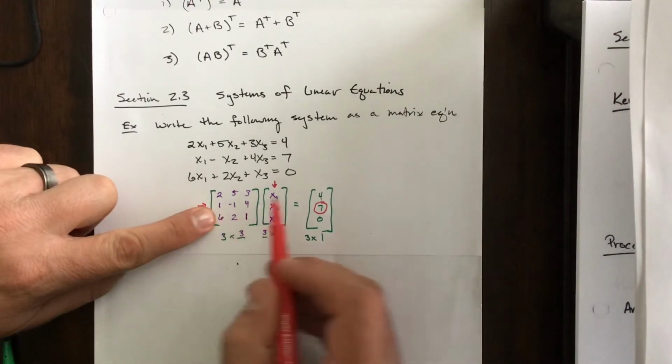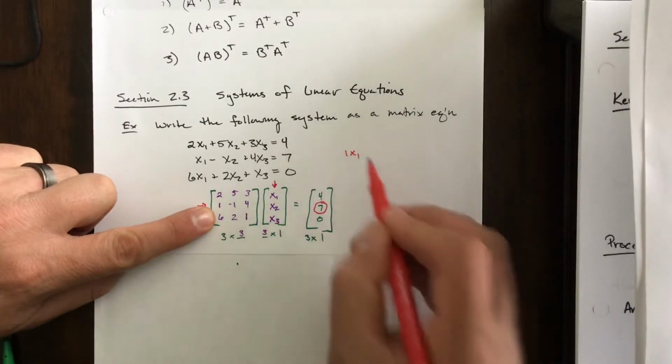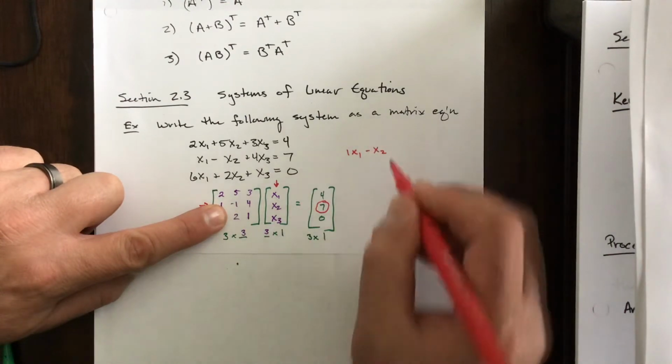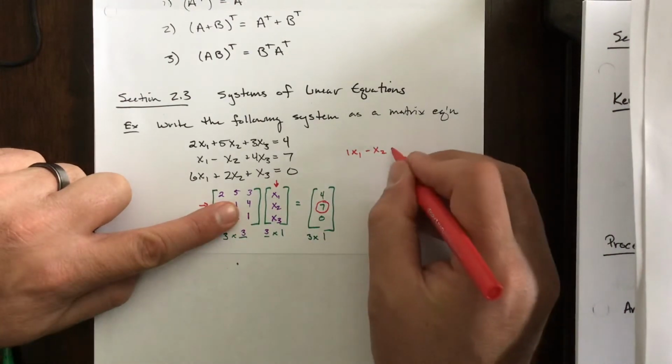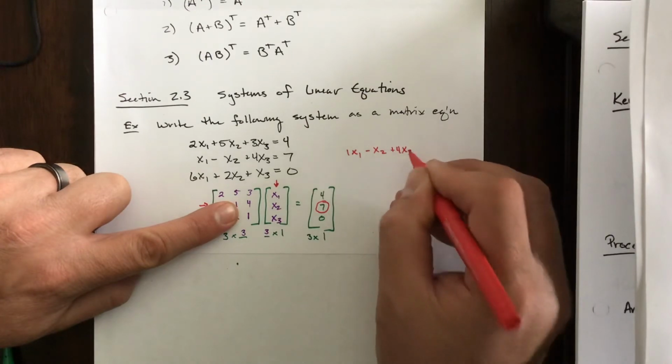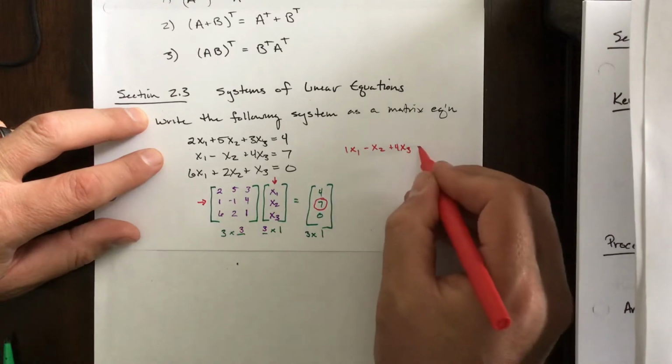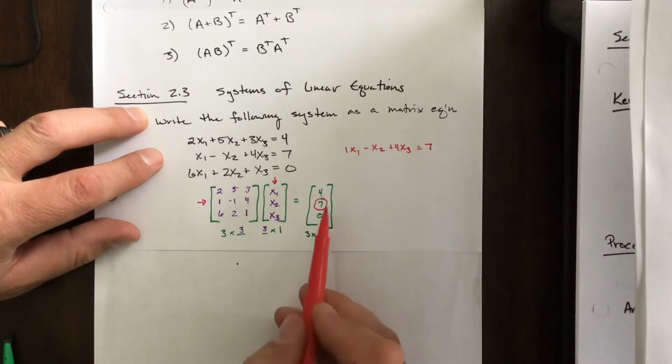Component-wise, I get 1x1 minus 1x2 plus 4x3. And because the thing that's on the left is the same as the thing that's on the right, that generates 7, because that's row 2, column 1 of the resultant matrix.